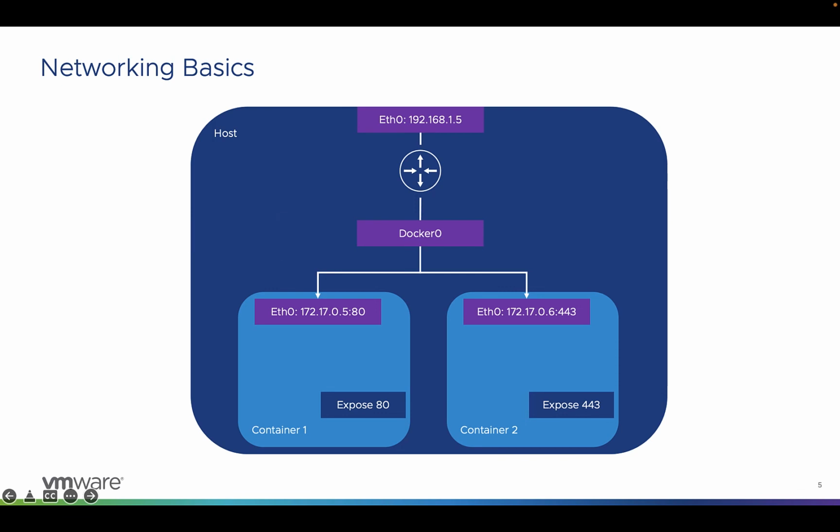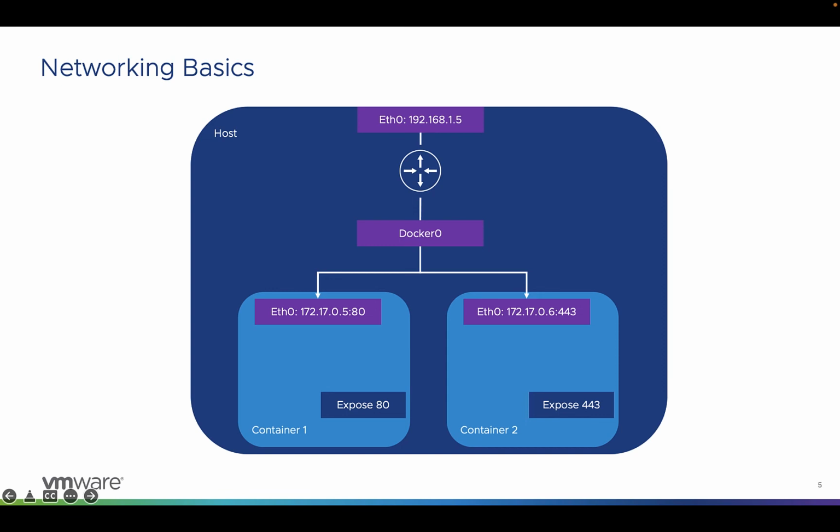Now, by using the expose command, you can expose a port on the container inside of that container host. You can see that the two containers that are deployed here are exposing two different ports. One of them is the unsecured port 80, and another one is the secured port 443.